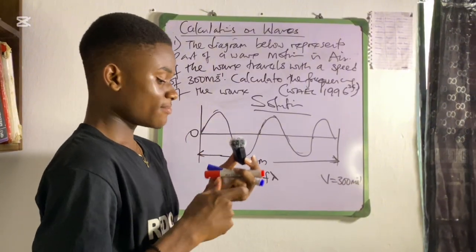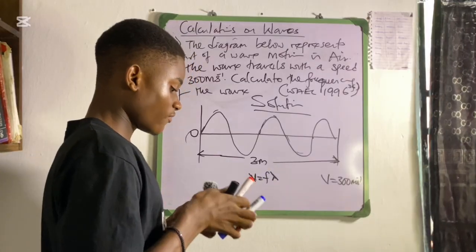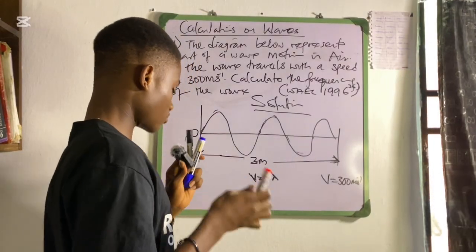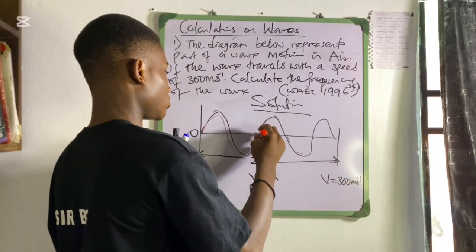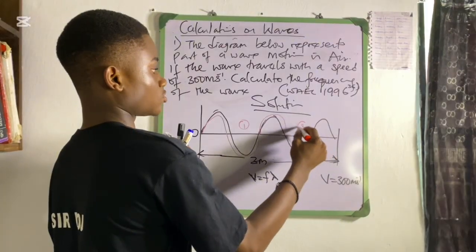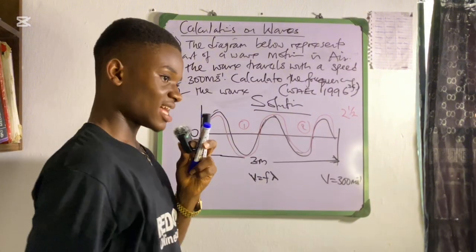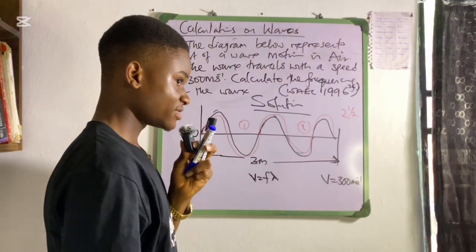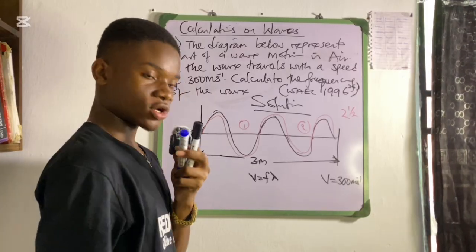Let me mark it with a different color of my marker for emphasis. So this is 1, 2, so we have 2.5 number of waves. Now we can do a comparison.